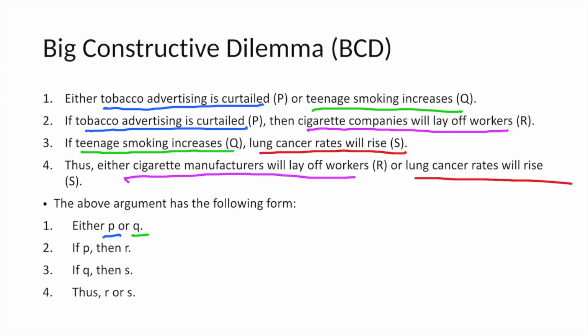Each of those disjuncts becomes an antecedent in two different conditional premises, 2 and 3 respectively. Then each of those antecedents then has an implication, R in premise 2 and S in premise 3. And then each of those consequents in 2 and 3 becomes a disjunct in the conclusion line of the argument.